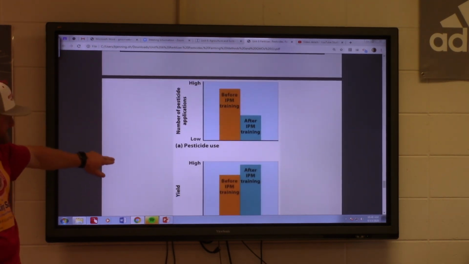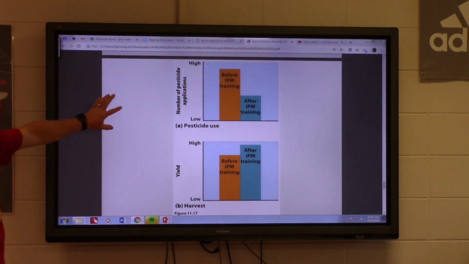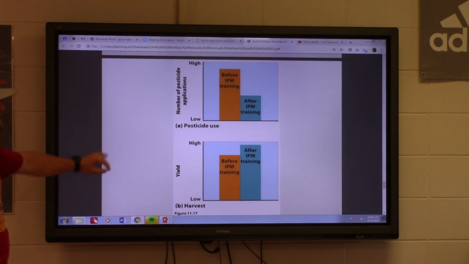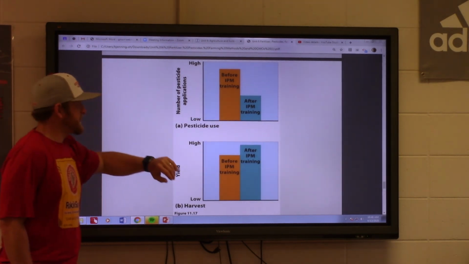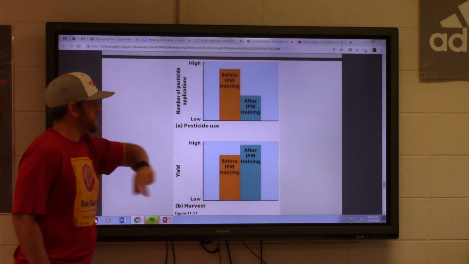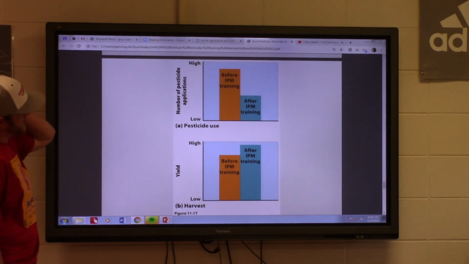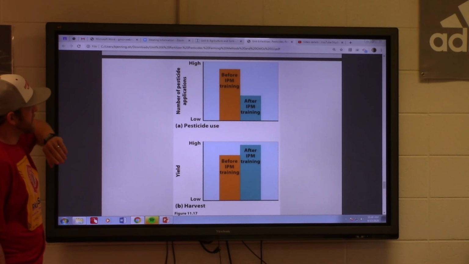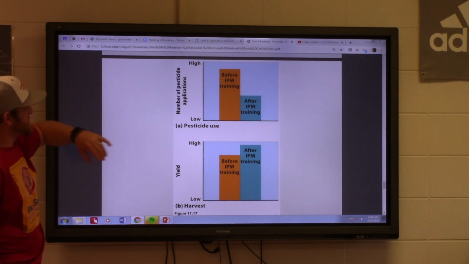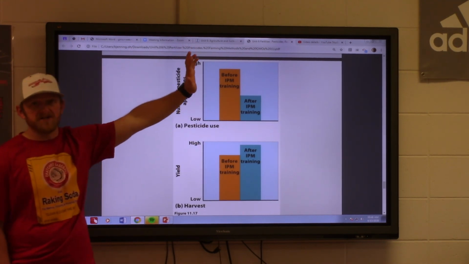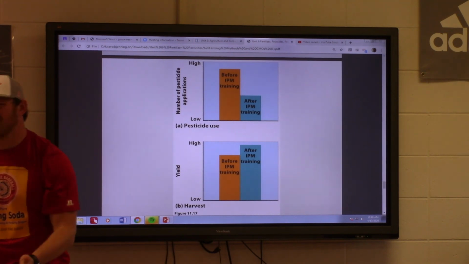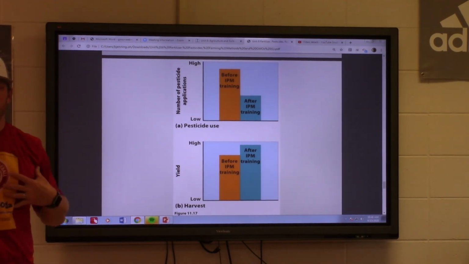You see here a graph of the number of pesticide applications versus the yield and pesticide use in the harvest, before integrated pest management training and after, going from low to high. Before, we had to put a whole bunch of chemicals on these plants, which we end up eating.